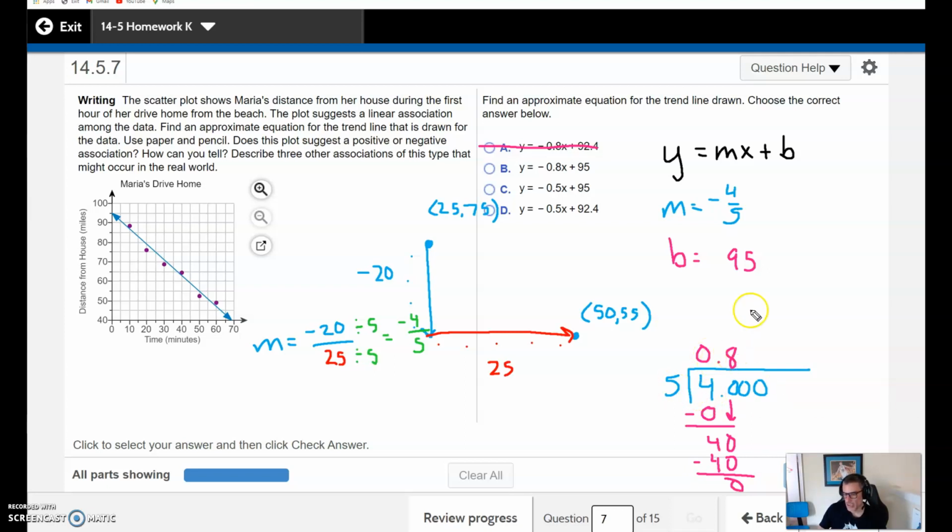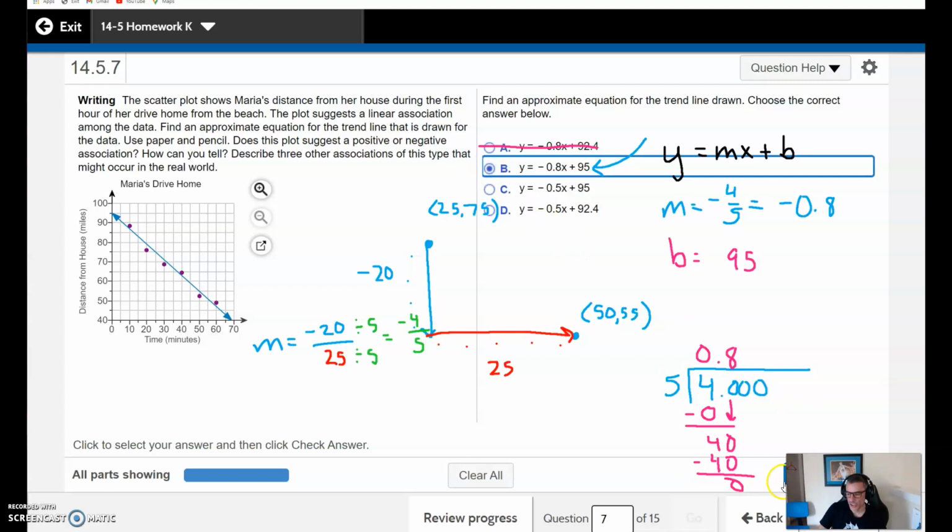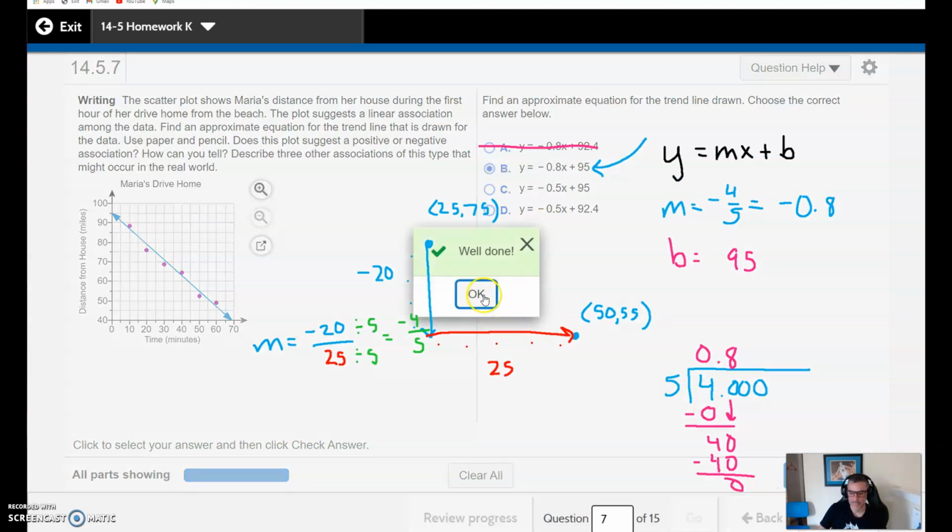So this 0.8 is actually going to be a negative 0.8. So negative 4/5 as a decimal is equal to negative 0.8. So choice B is my winner chicken dinner. It has the y-intercept of 95 and the slope of negative 0.8. Check answer. Got it.